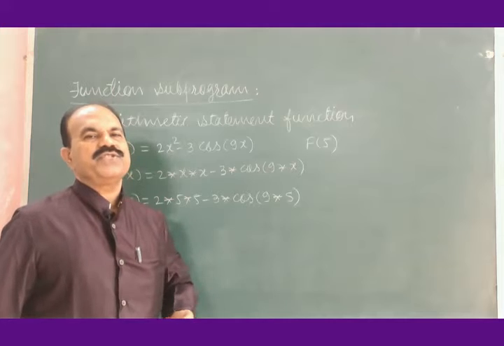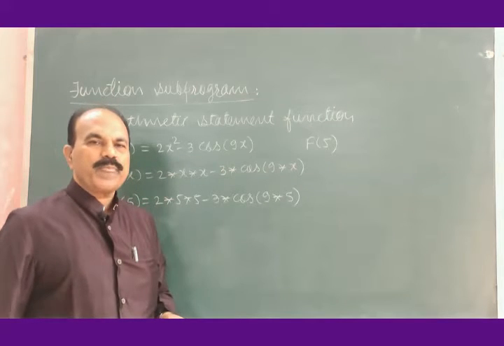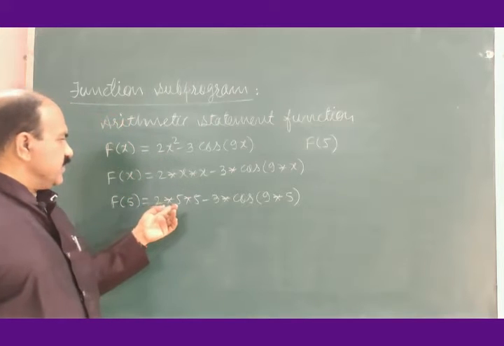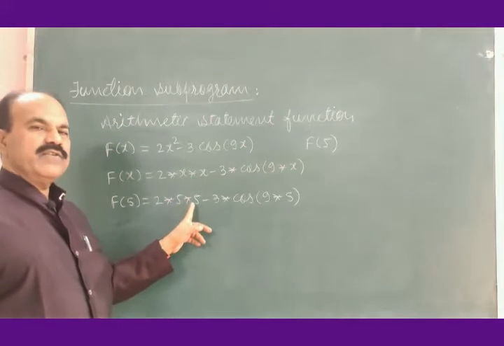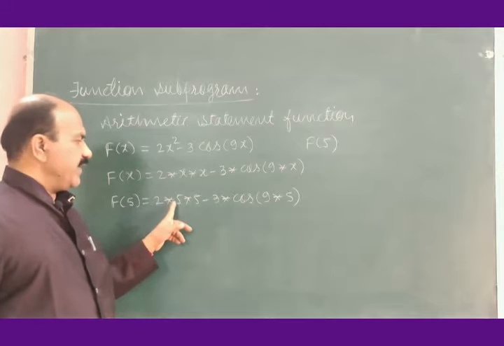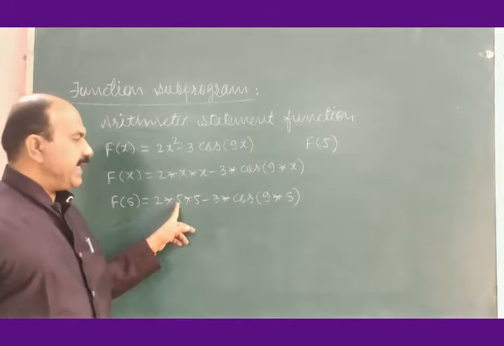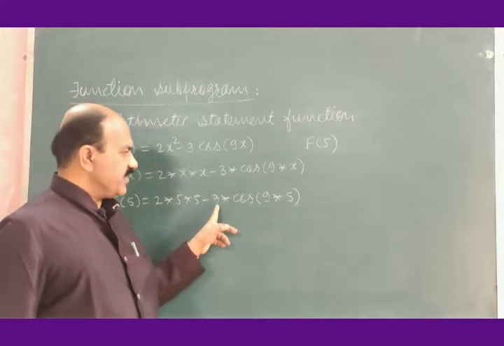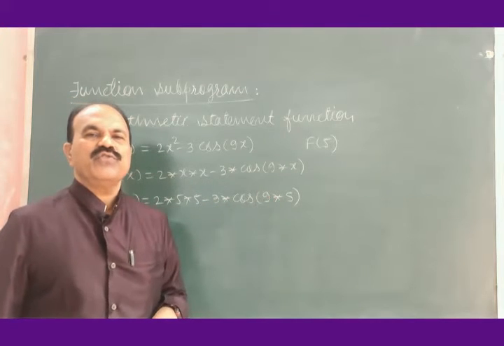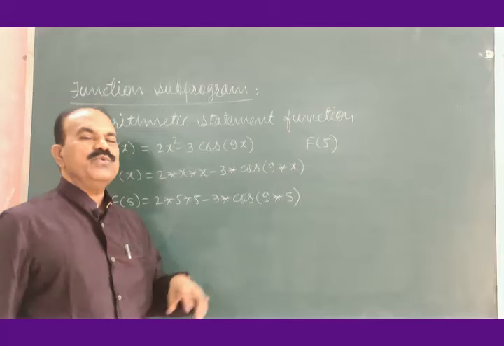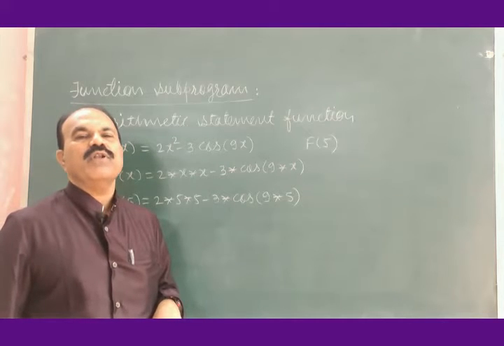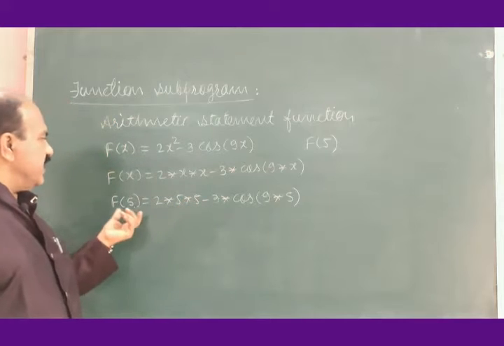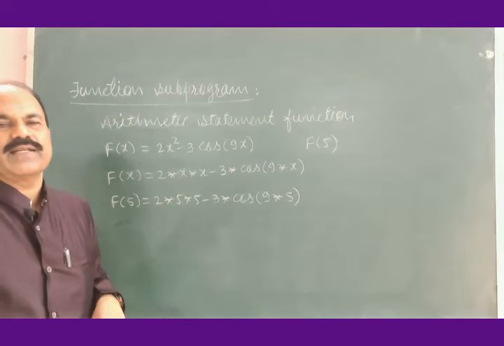Cos 45 is 1 divided by root 2 or 1.414. 2 into 5 is 10, 10 into 5 is 50, minus 3 times cos of 45, 3 into 1.414. Subtract this and you will get the value of f phi.